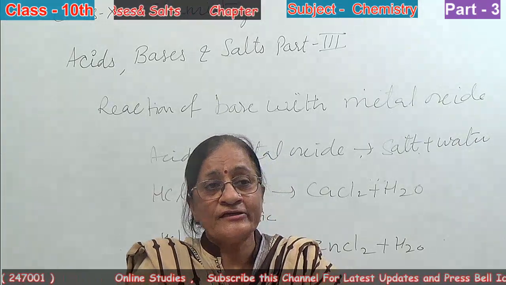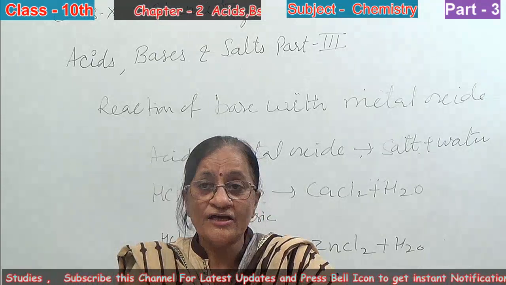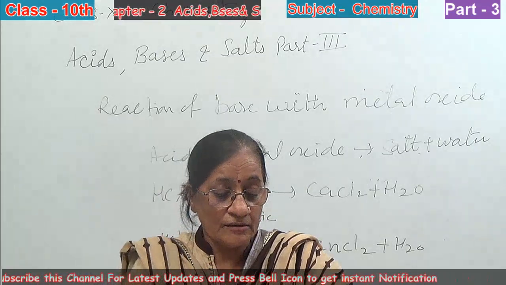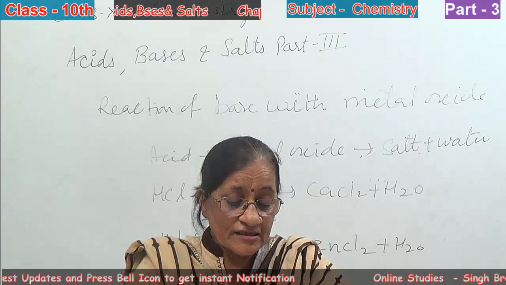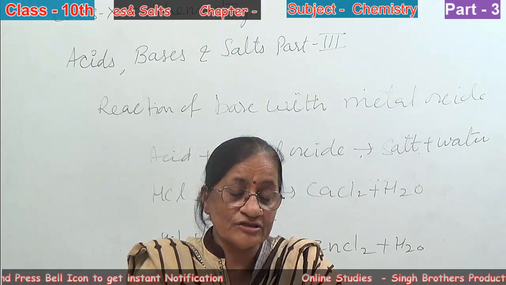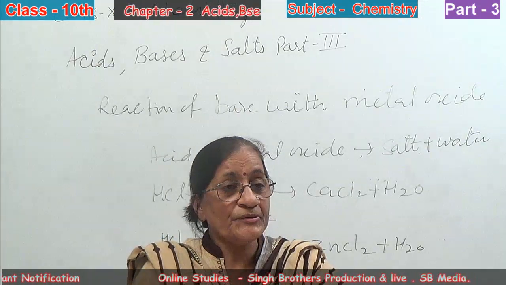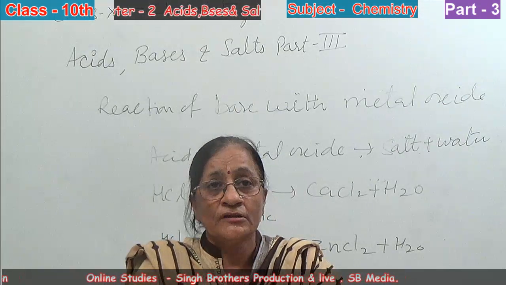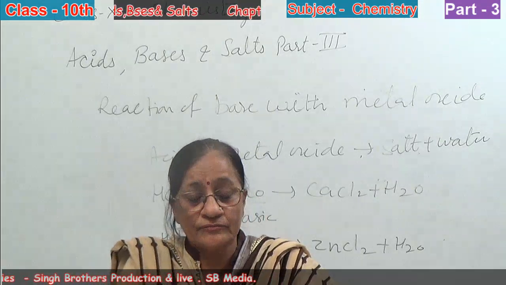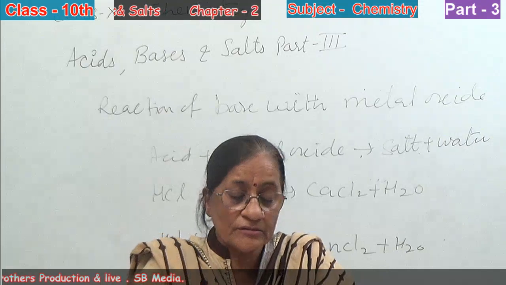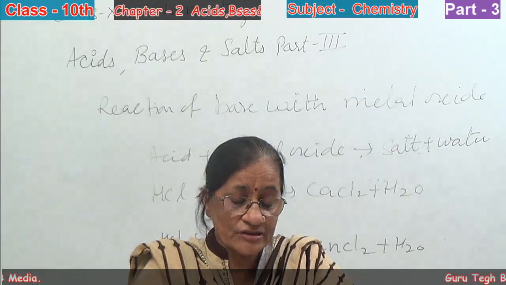Rayon, which is a synthetic fiber, can be manufactured by using sodium hydroxide. Then calcium hydroxide, which is also called slaked lime, is used in preparation of bleaching powder, CaOCl2. Bleaching powder can be made by using slaked lime or calcium hydroxide.